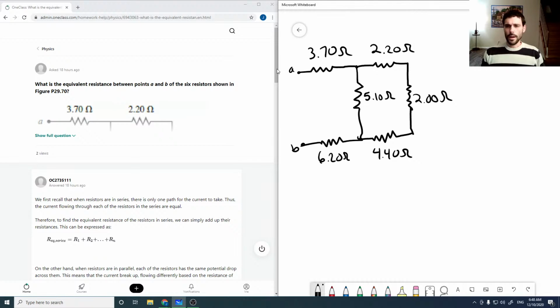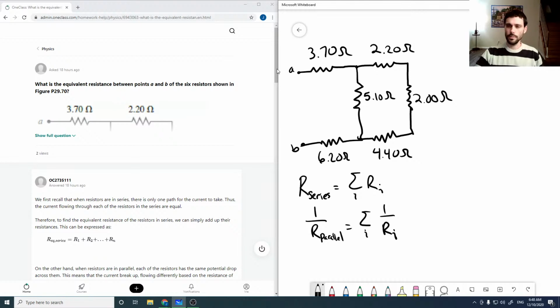Okay, so we're going to need to use just two equations here. If we have resistances in series, then our total resistance is just the sum of the resistors. Whereas if we have resistances in parallel, then 1 over the total resistance is the sum of 1 over those resistances.